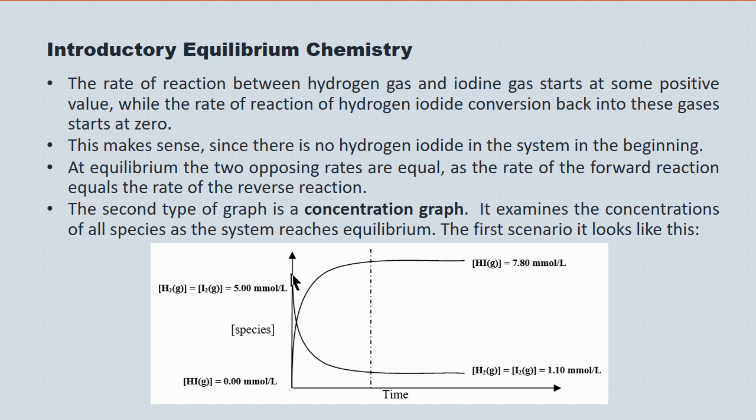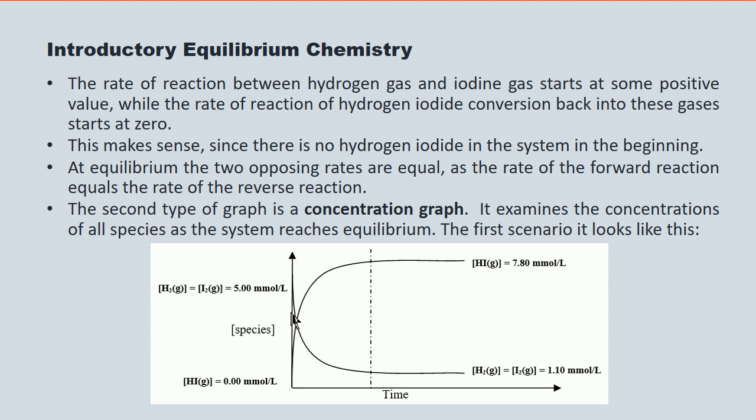As the forward reaction proceeds, the concentration of reactants drops. And they drop at the same rate because the stoichiometry of the reaction is 1 mole of hydrogen gas reacts with 1 mole of iodine gas. So they should dissipate at the same rate. As soon as they start dropping, though, the concentration of the hydrogen iodide increases as it's being formed.